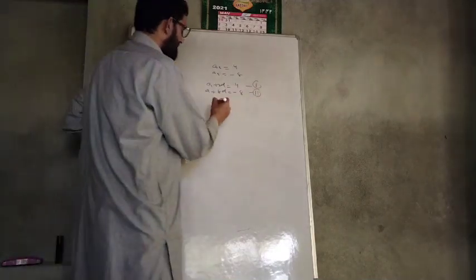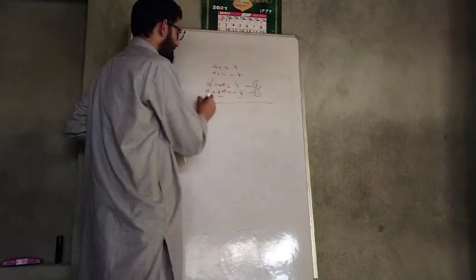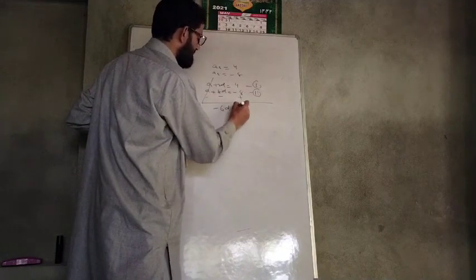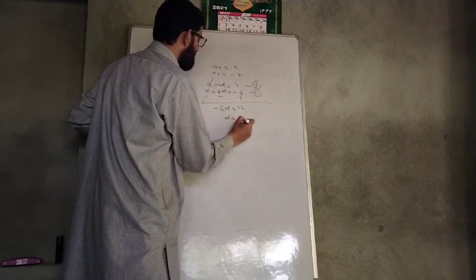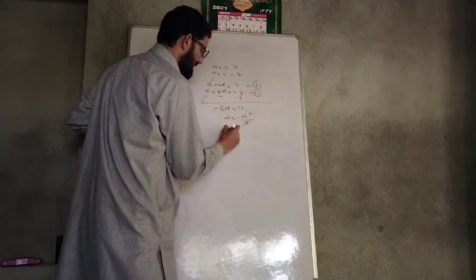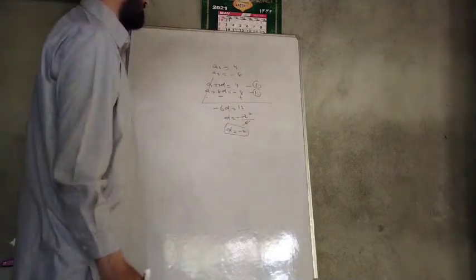Now subtracting, eliminating the similar coefficients, this is minus 6d is equivalent to, sorry, this is plus 12. What is d? It is 12 by minus 6, 6 twos are 12, so d is equal to minus 2. This is our d, d is minus 2.